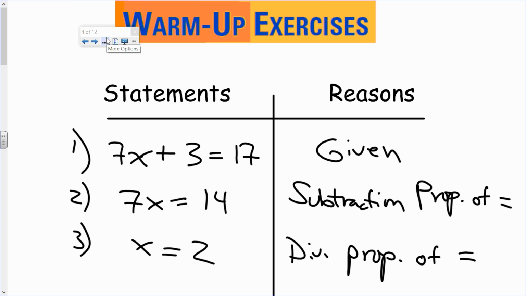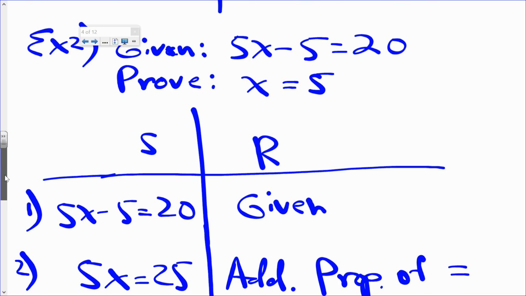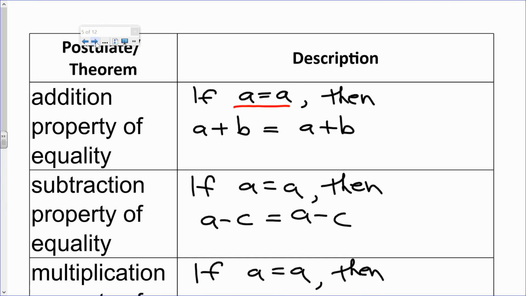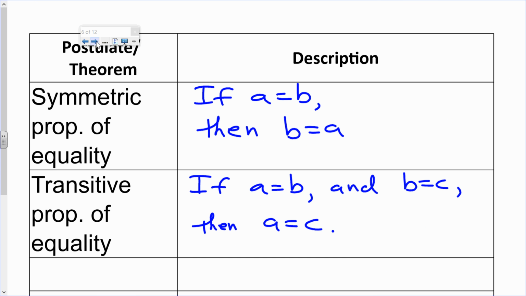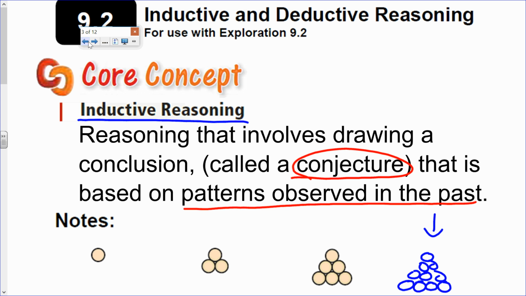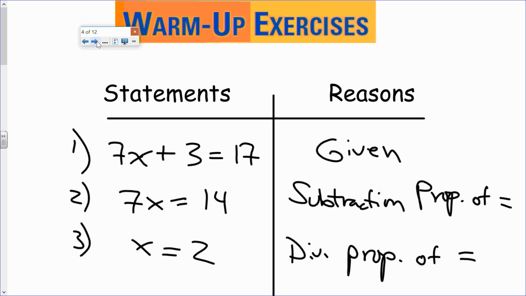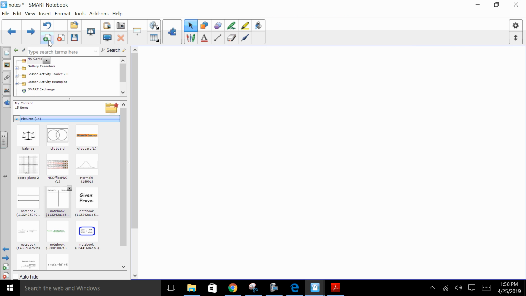What I'm going to do now is get into an example. So you have your law books, either on the back or on a separate sheet of paper. How many did we do yesterday? We're going to do example 2 now, because this is really a continuation of yesterday's notes.